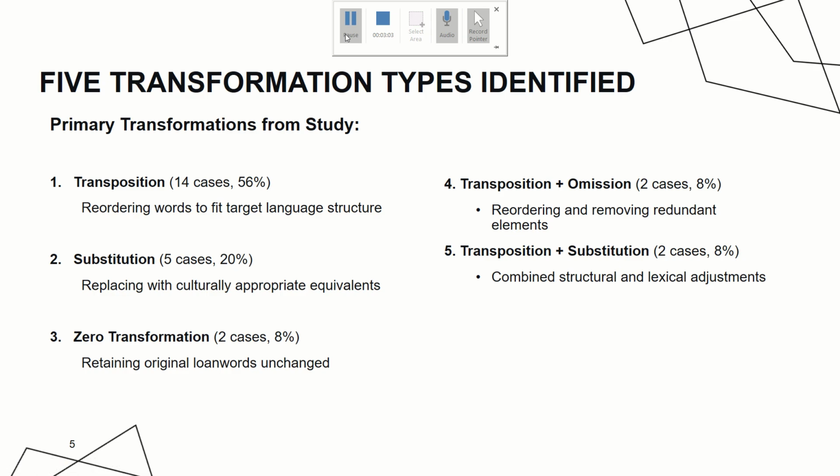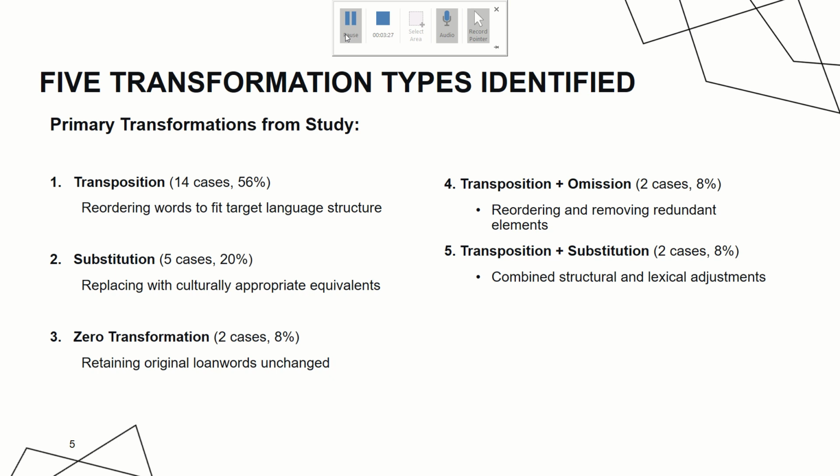So from our analysis of the 25 terms, we identified 5 primary transformation types. Transposition, the most frequent with 14 cases, 56%. This involves reordering words to fit the target language structure.